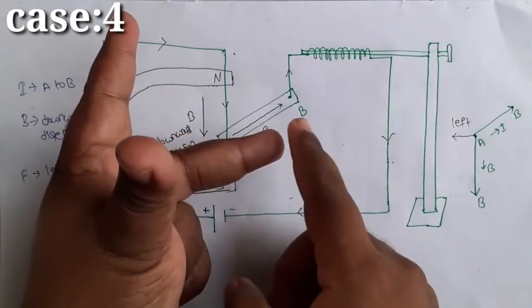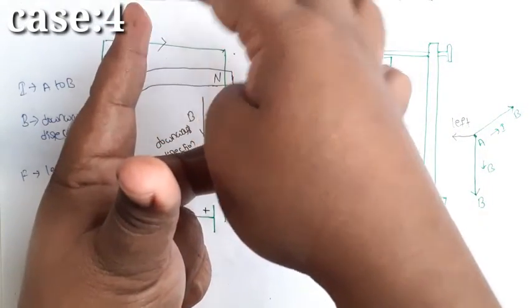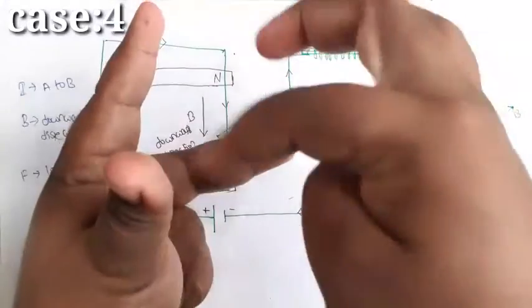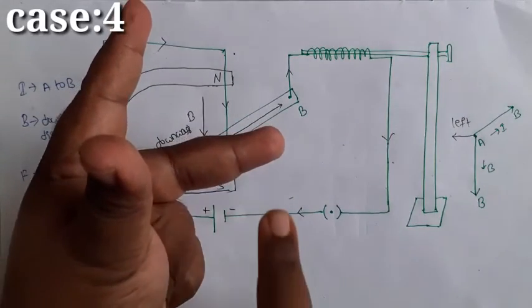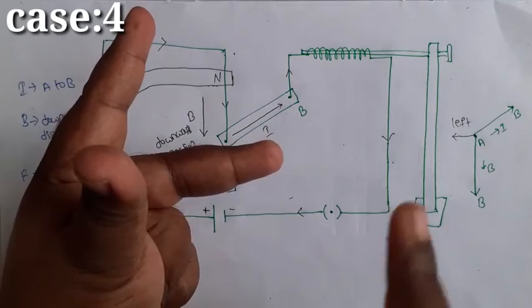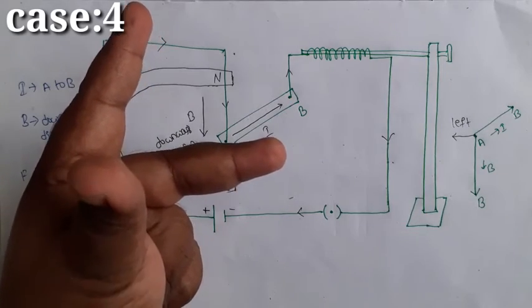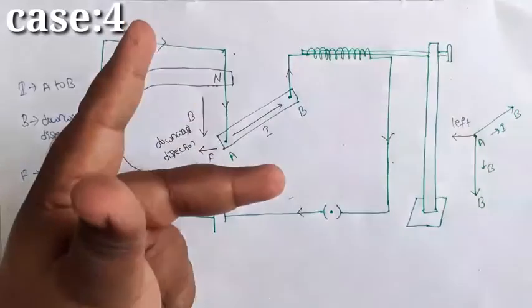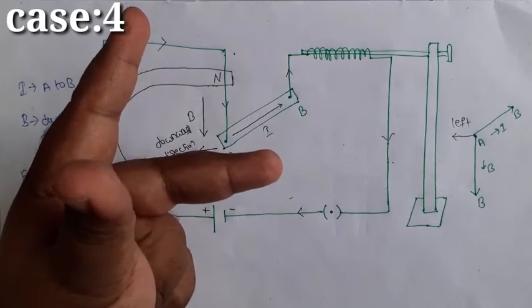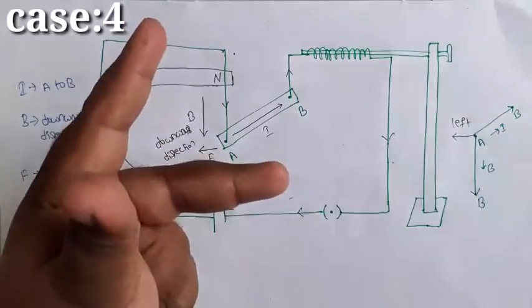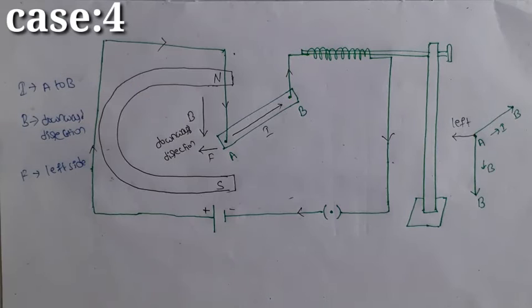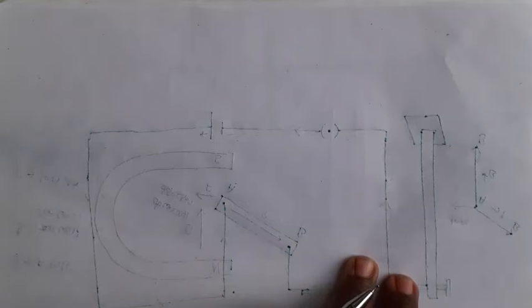I am taking this as the x axis, this as the y axis, this as the z axis. Among these axes, one axis is the magnetic field direction, one axis is the current direction, one axis is the magnetic force direction. So these three are mutually perpendicular to each other. When these three are mutually perpendicular, in that situation the conductor will experience the maximum force.